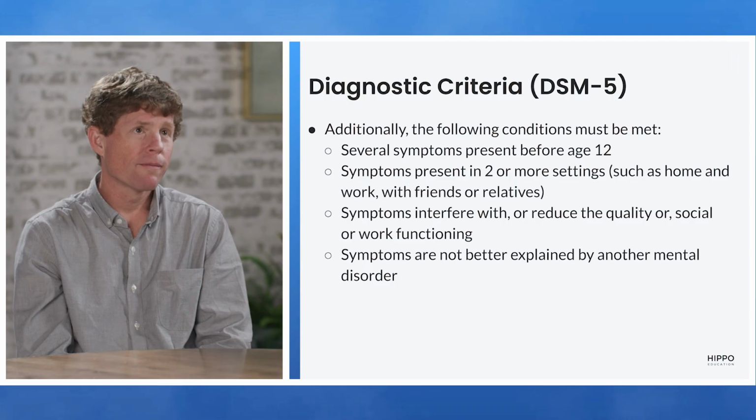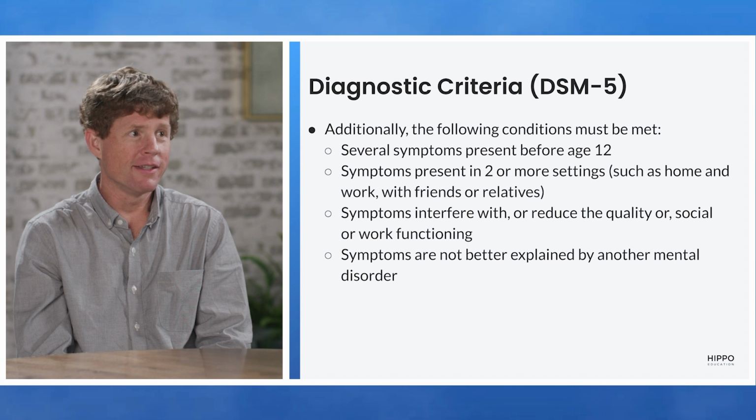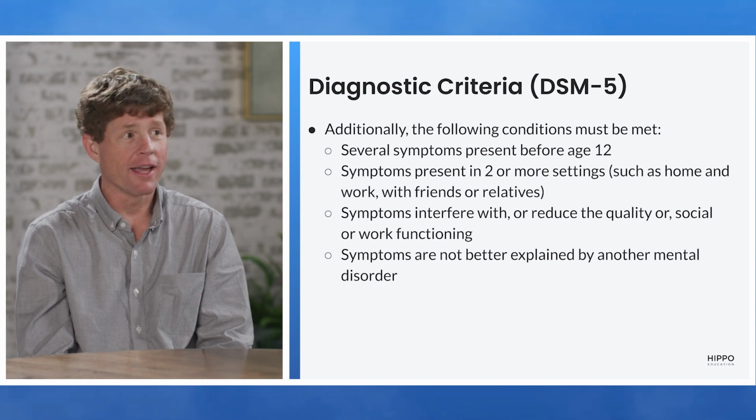Okay. So again, same concept as inattentive in that we've got 5 of these symptoms and for at least 6 months. Is that right? That's right. Okay. What other considerations are there? I know that you have to have these symptoms, but are there other components to making the diagnosis? Well, we want to see that these did start prior to age 12.